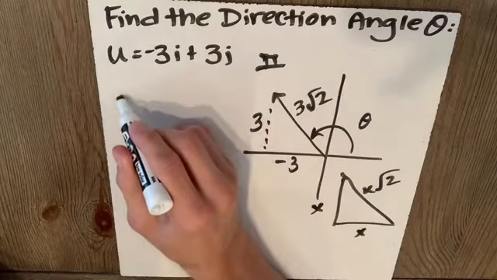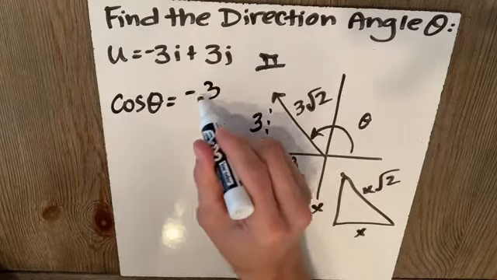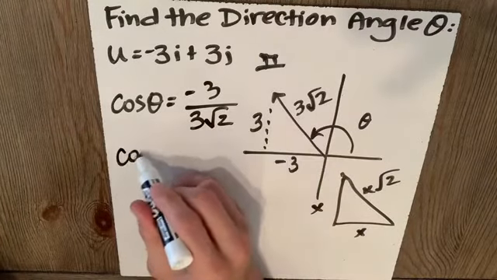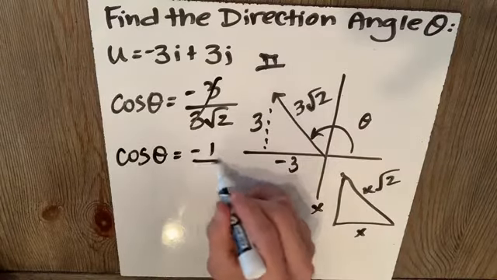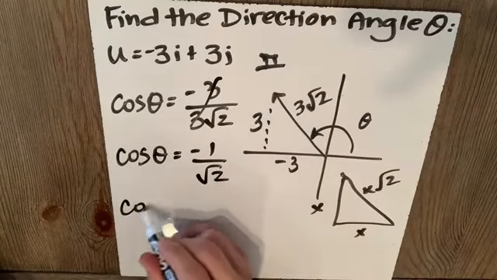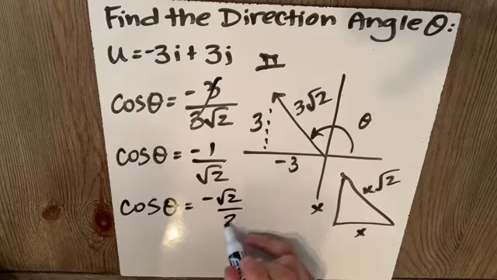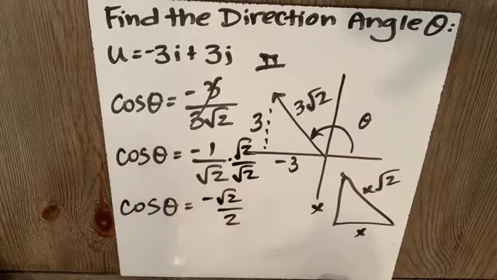So I could also say cosine of the angle is negative 3 over 3 root 2. So cosine of the angle is, these will cancel, negative 1 over root 2. If I rationalize that, I get negative root 2 over 2 by multiplying by a fraction equal to 1.